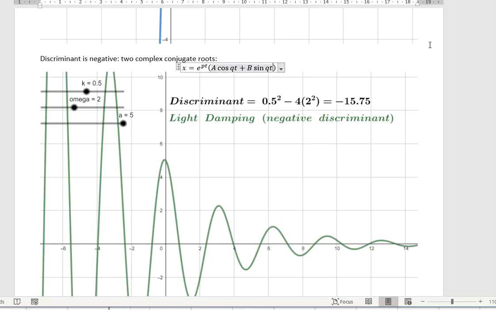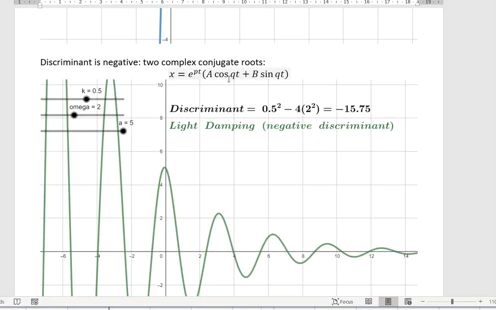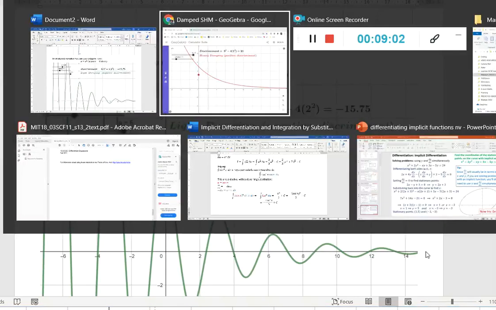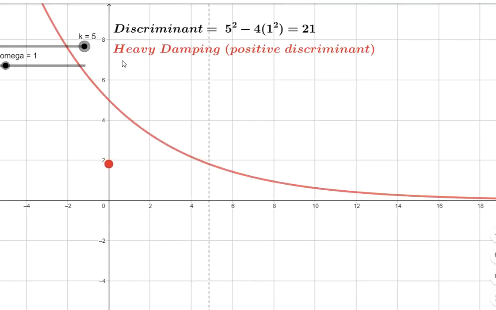In other words, something trigonometric, that's the a cos qt plus b sine qt section, coupled with something exponential, e to the pt. This bit will depend on the real component, and typically what we'd expect to see is exponential decay enveloping some kind of sine wave. And that is the situation we refer to as light damping.